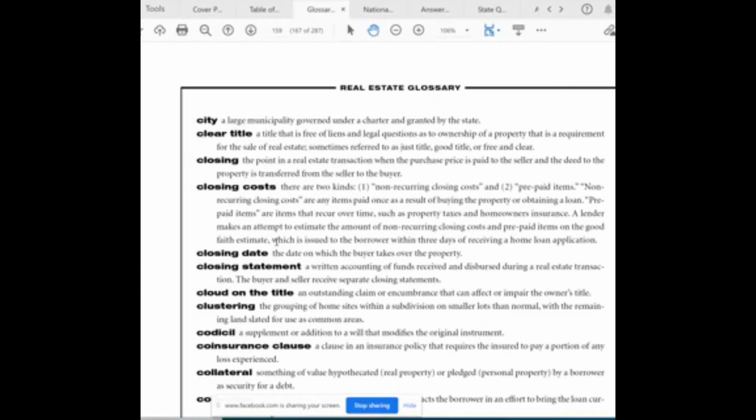Prepaid items are items that recur over time, such as property taxes and homeowners insurance. Sorry, I said prepaid items were like inspections. So property taxes and homeowners insurance, those have to be paid every year, right? And they recur over time.